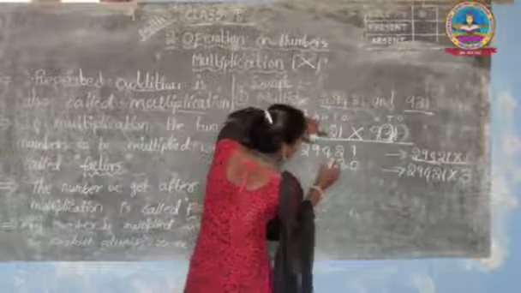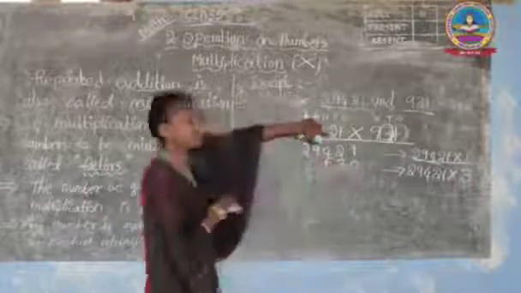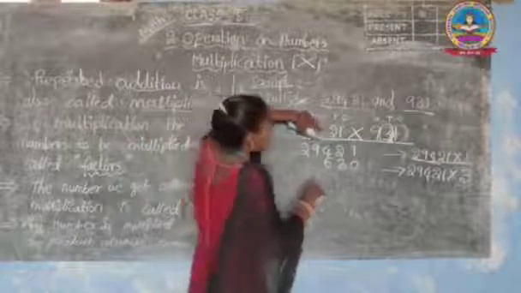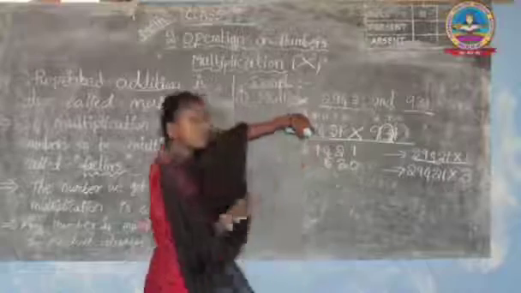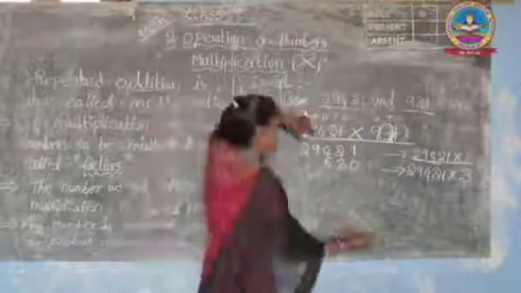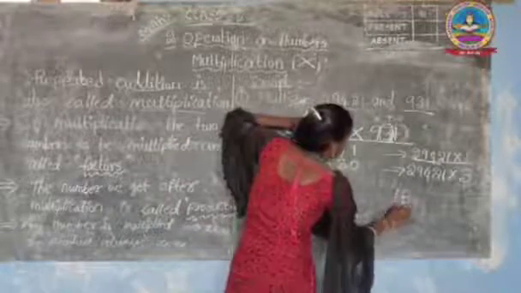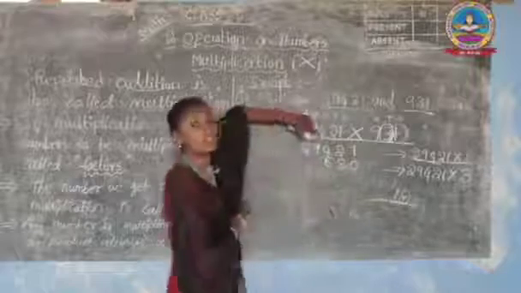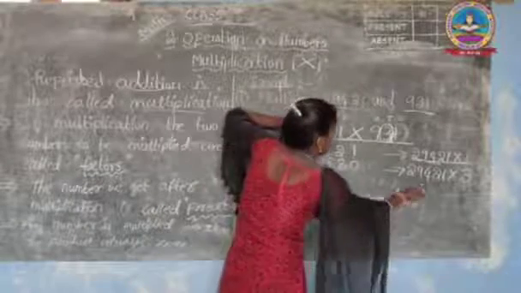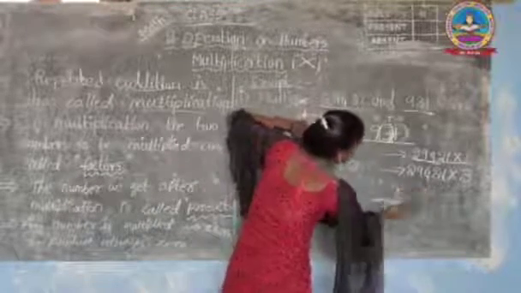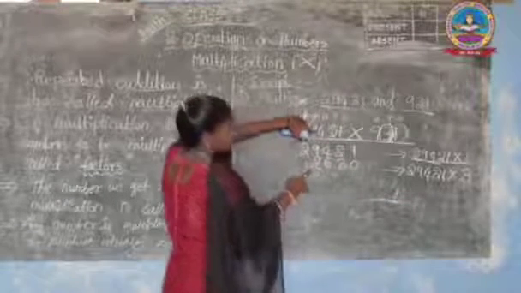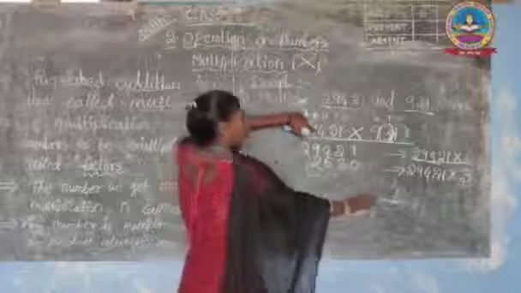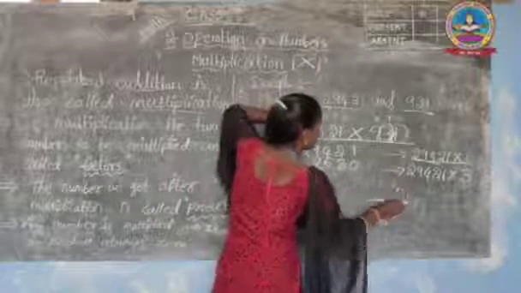So write 6 below the 4. Now let's start next with 4. 3 fours are 12, but we don't write 12 directly. So we will write the right side number 2 below the 9. There is 1 left.